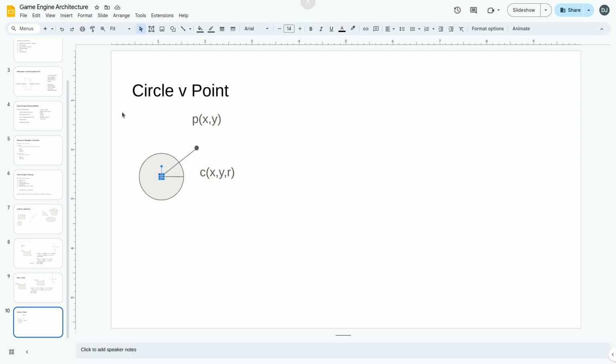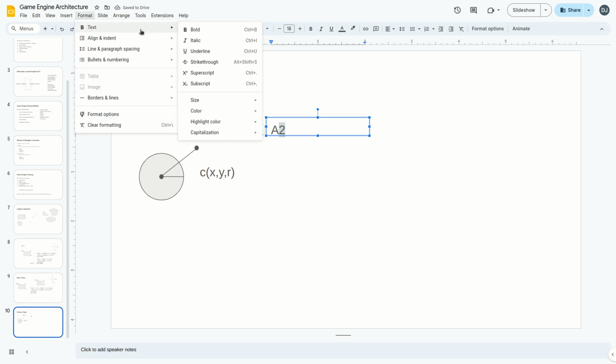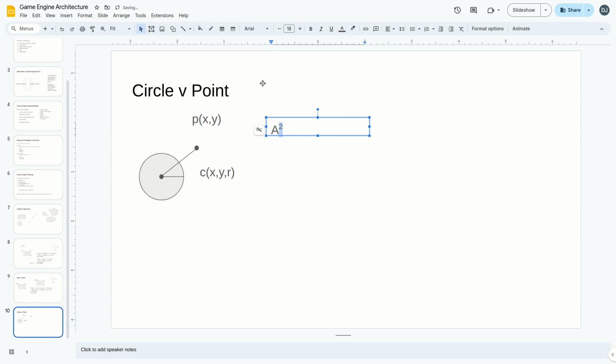Well, we should remember from high school geometry our good old friend, the Pythagorean theorem, which is a squared plus b squared equals c squared.